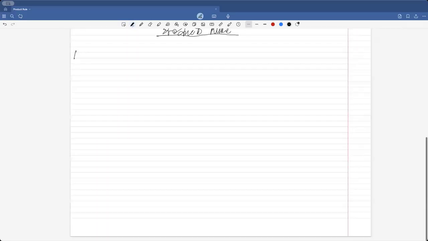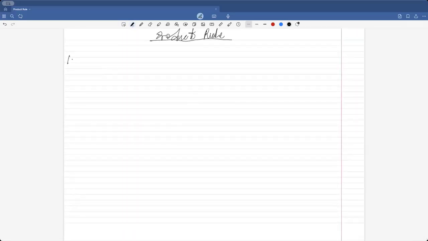So exercise number 1. You can try this on your phone. We have f(x) equals the square root of (x plus 3) to the power of 2.